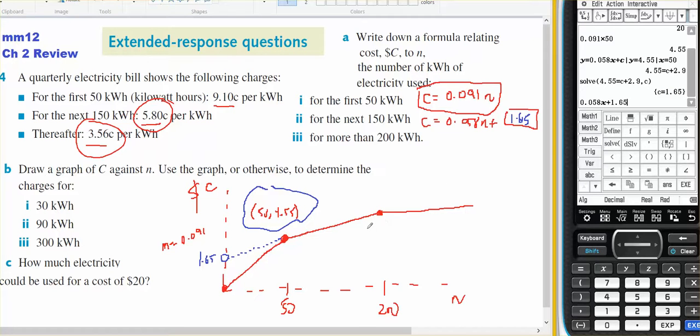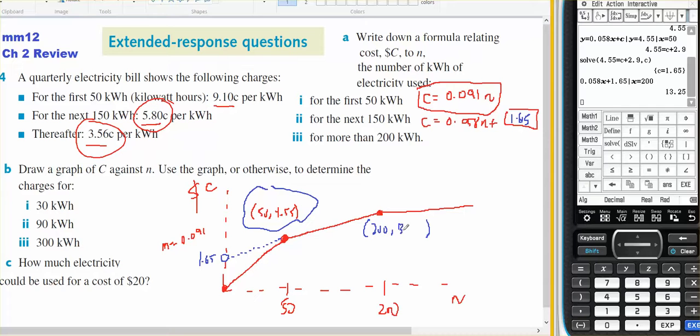So I'm interested in using that rule to find out what this coordinate at 200 is, so given x equals 200, that's 13.25. That's nice, so $13.25.